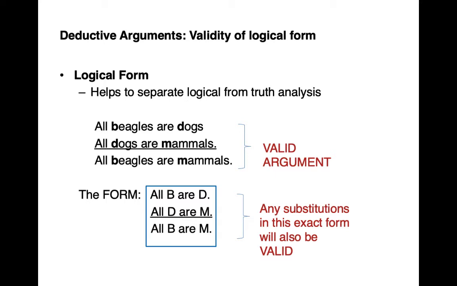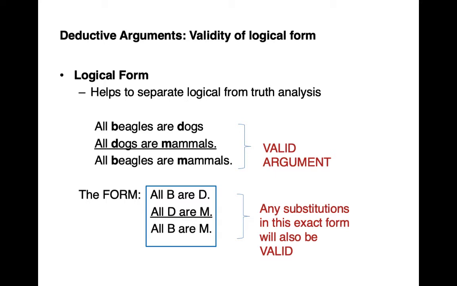Okay, take a look at this. It really helps to separate logical form from truth analysis. Again, we're focusing on logical form. Here's an argument. All beagles are dogs. All dogs are mammals. And so we may conclude necessarily all beagles are mammals. That's a valid argument. And here's the pattern. All B are D. All D are M. All B are M. Perhaps you recognize this valid form.